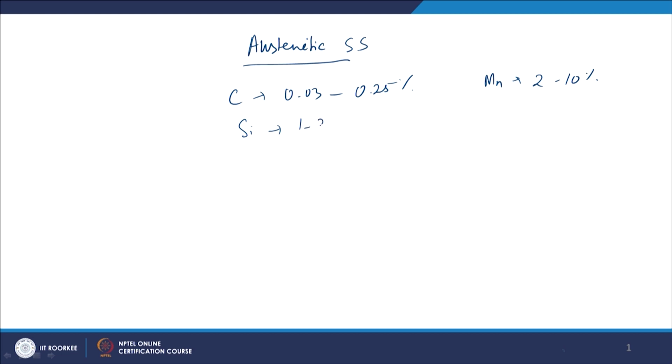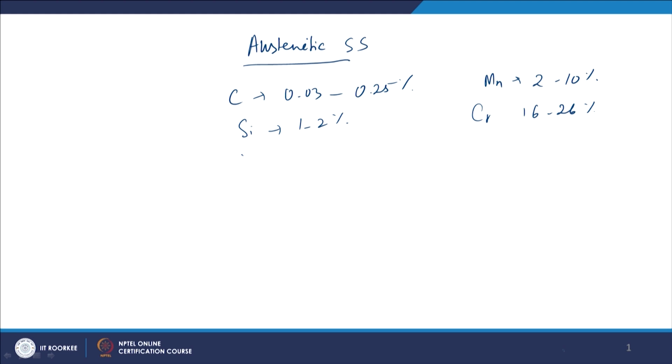Then if you come to talk about the other kinds of steels. Normally, if you look at the austenitic stainless steel, we discussed these properties, and normally you have carbon as 0.03 to 0.25%. You have manganese from 2 to 10%, silicon 1 to 2%, and chromium from 16 to 26%, which is quite a large value in this austenitic stainless steel.